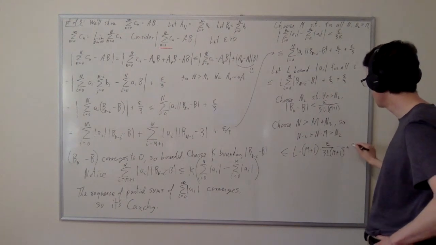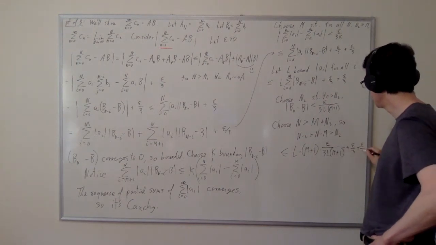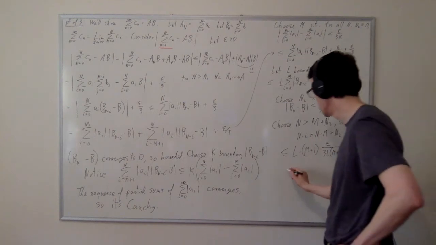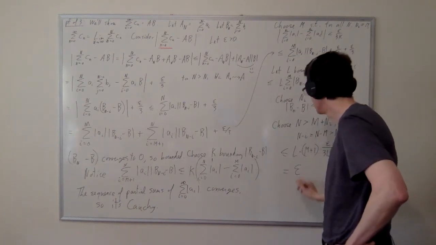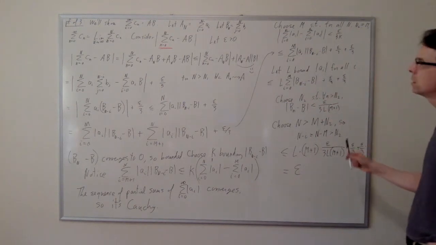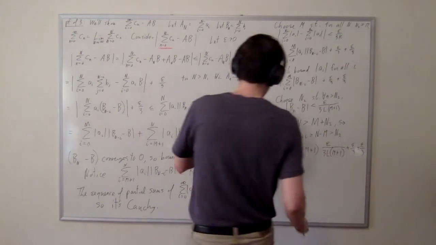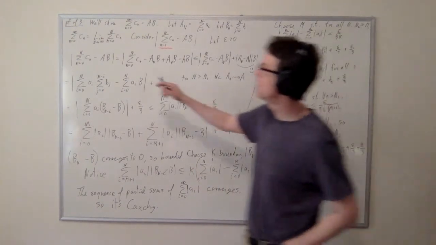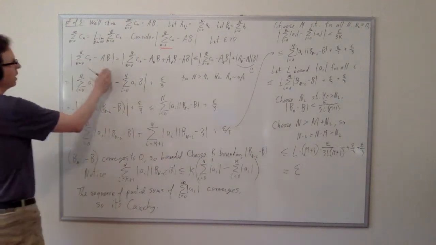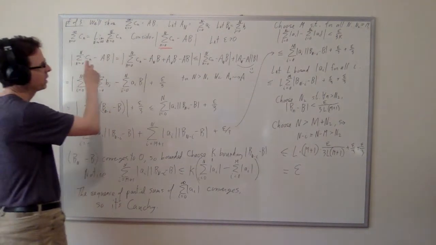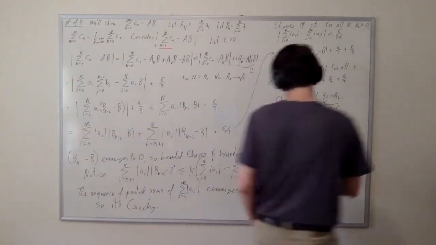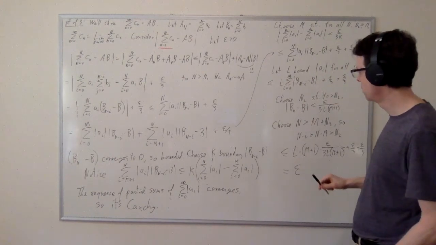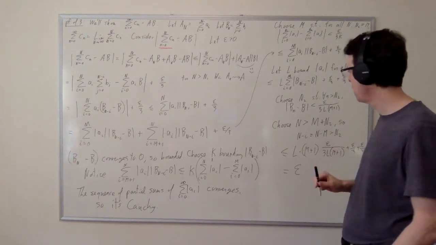And then don't forget the epsilon over 3 plus epsilon over 3, and everything cancels and yields an epsilon. So this demonstrates that the difference between the intended thing and the limit that we claimed can be made smaller than epsilon by appropriate choice of capital N.